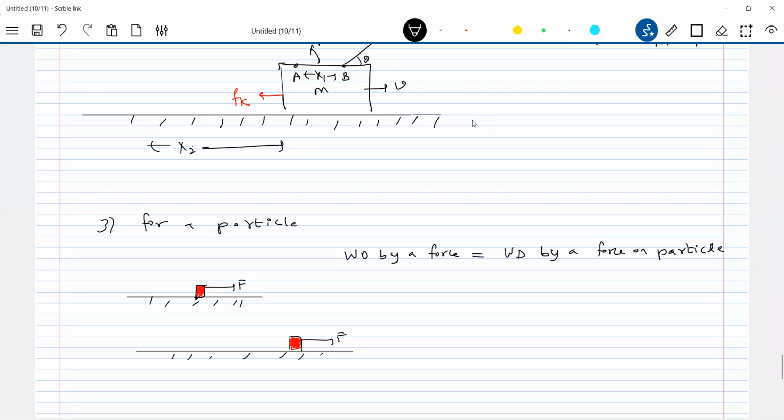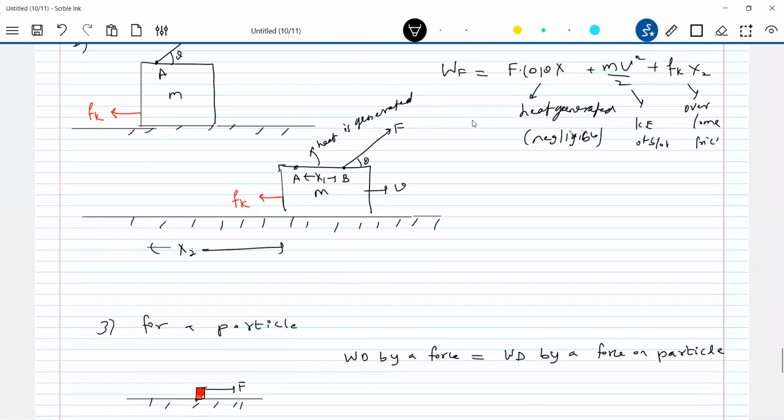Sir, in the second situation, you wrote x1 to be x, sir. No, x is the displacement. I'll write it clearly. X is the displacement of the point of application with respect to ground, because work done will be different in different frames of reference.